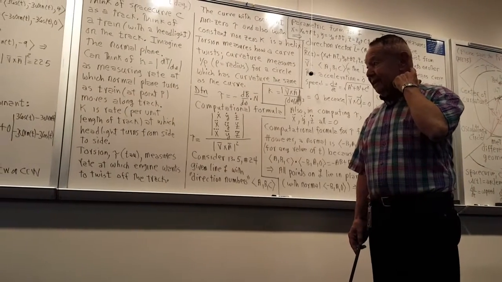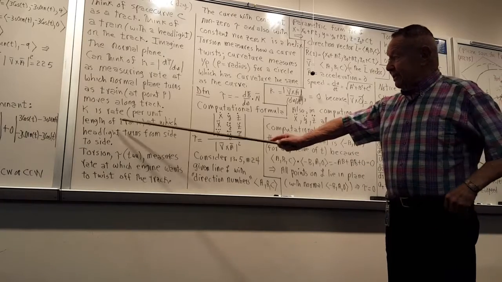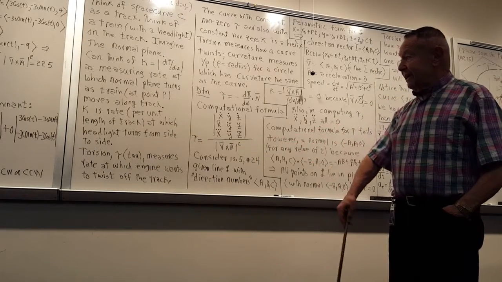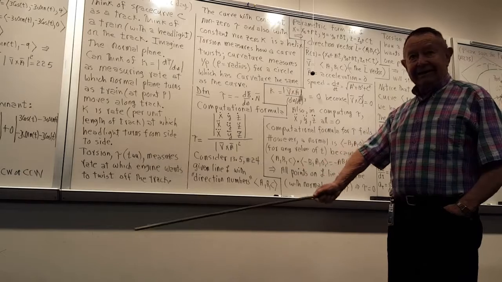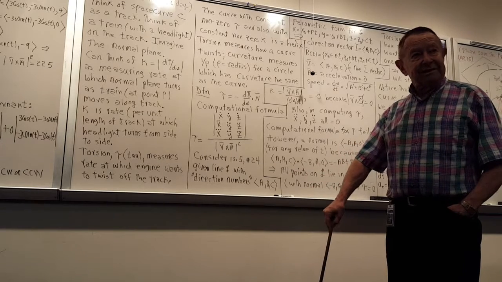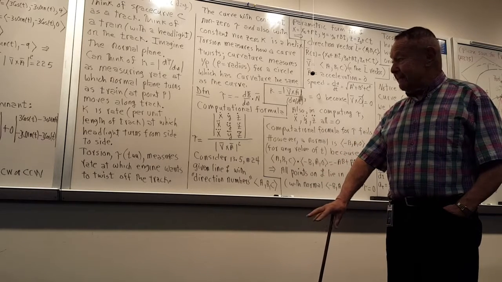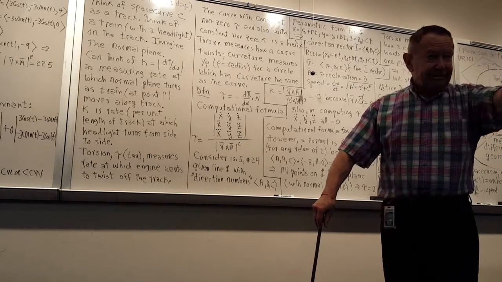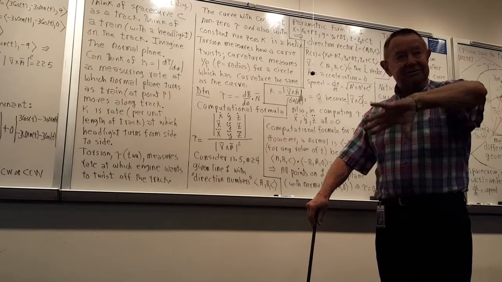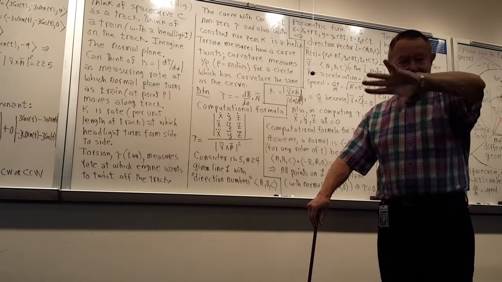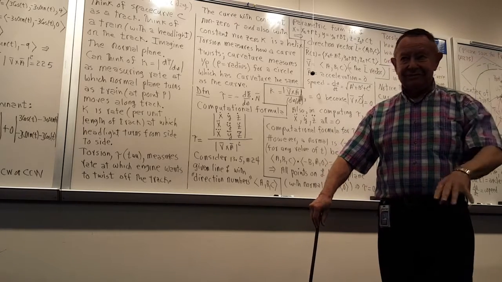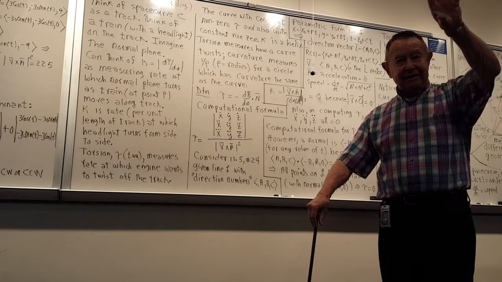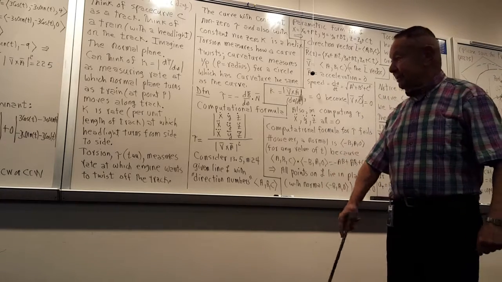So it's the rate per unit length of track at which the headlight turns from side to side. As you think of the engine and the headlight, and there's a curve in the track, so the light turns, and it's uphill or down, and so on.